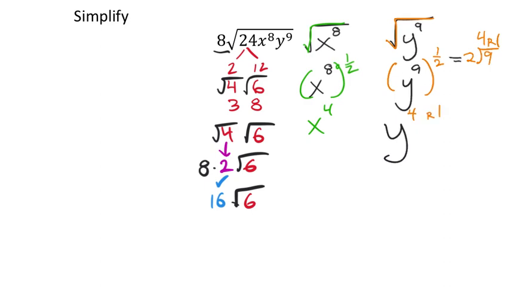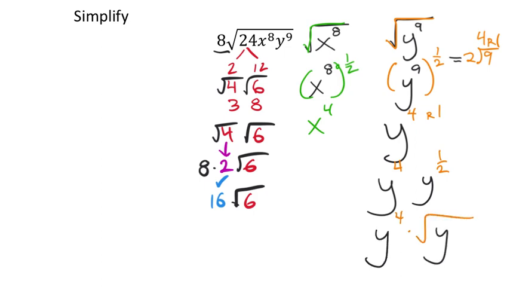That means that you have y to the power of 4. And then the remainder of 1, again, I'm going to show extra steps here, but that'd be y to the power of 1/2 left over, or 4.5, if you change that to a mixed number. And then that would be y to the power of 4 times the square root of y.